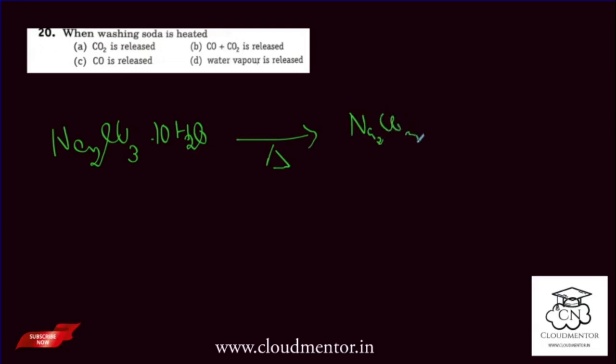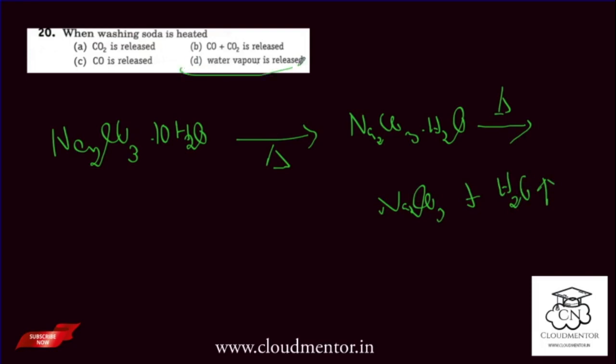It gives Na2CO3 and H2O. So H2O, water vapor, is released. So option D is the right answer.